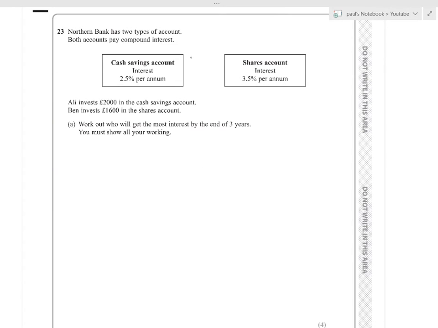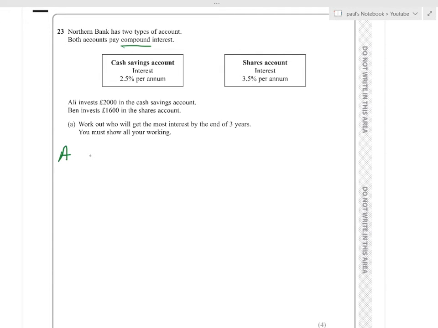Northern Bank has two types of interest. Both pay compound interest. Cash savings interest is 2.5% per annum. Ali invests £2,000 in the cash savings. Ben invests in the shares account. Who will have the most by the end of the 3 years?